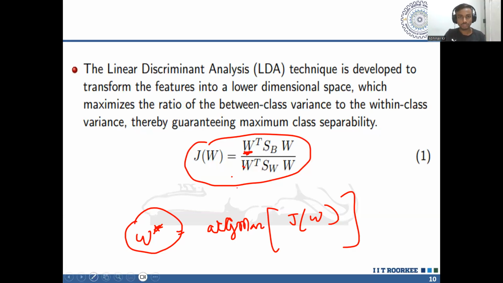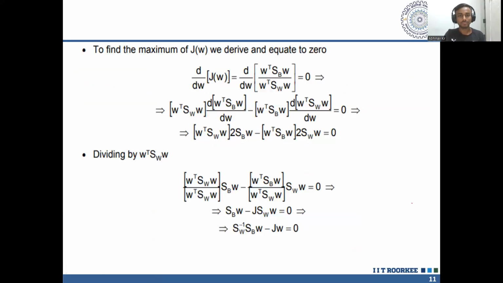I think it's clear. So now you know why we have this optimization problem, that we have to maximize this term. We differentiate it, and by differentiating it and dividing by some terms, we get this.